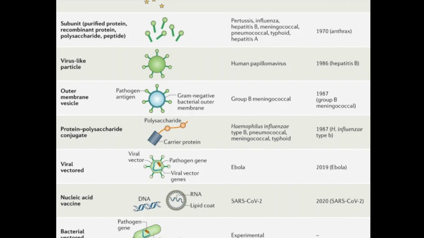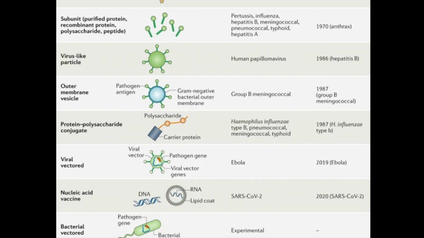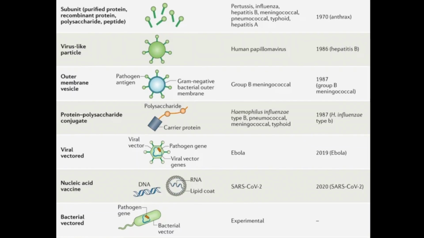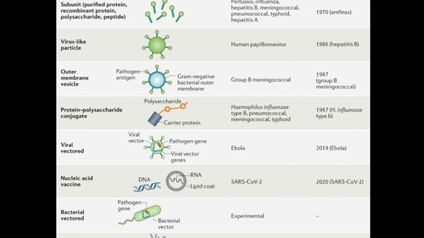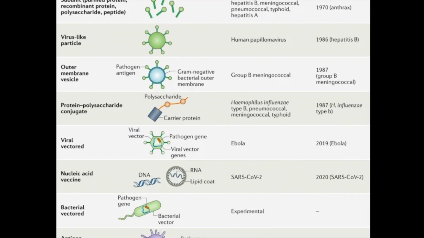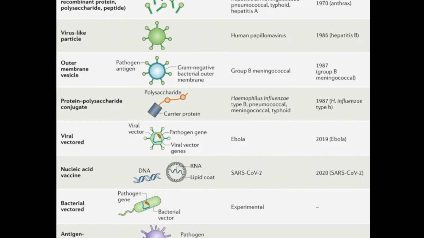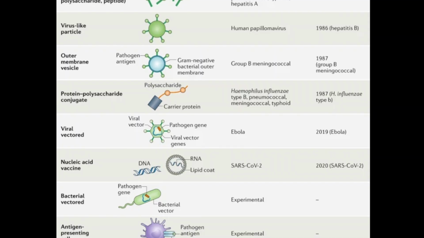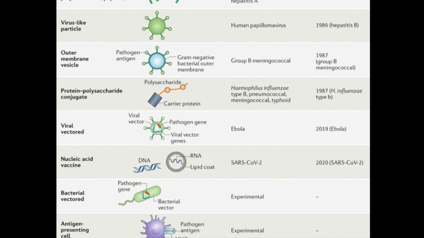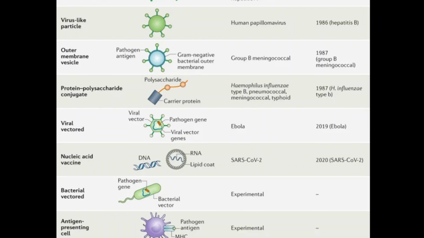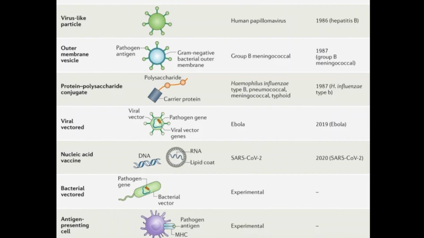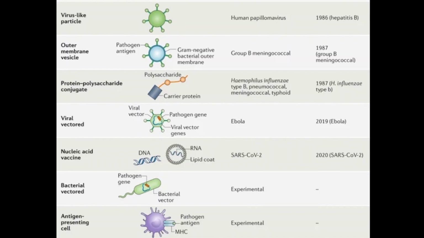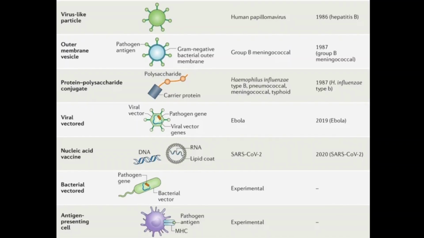Let's just take a toxoid, or just a piece of the actual pathogen from tetanus, for example, or purify a specific protein that's unique to that pathogen and put it in a vaccine. Since then, we've also created vaccines from virus-like particles or attaching specific protein polysaccharide conjugates, and most recently we have the mRNA vaccine, which I'm sure we're all aware of.